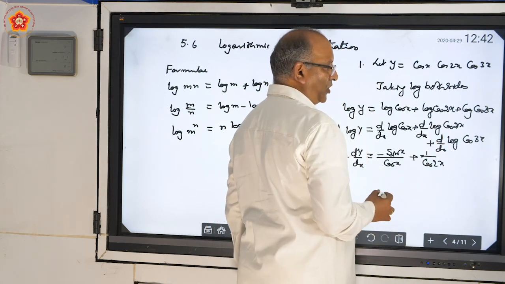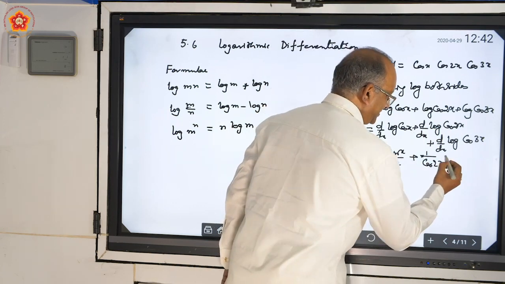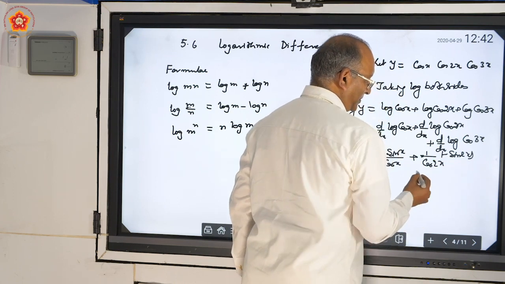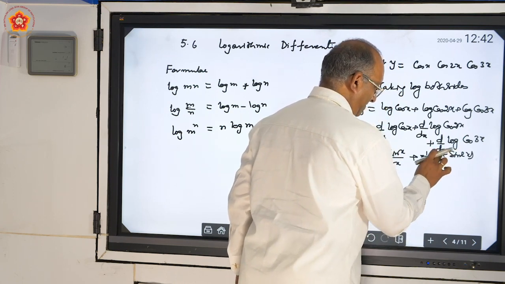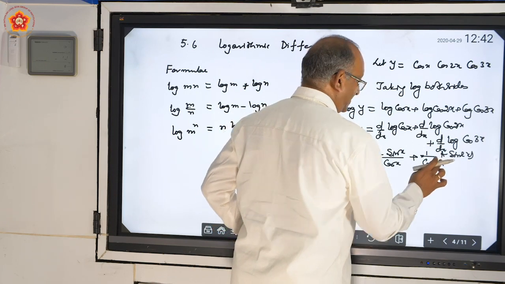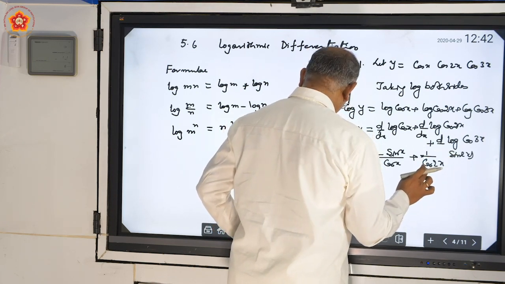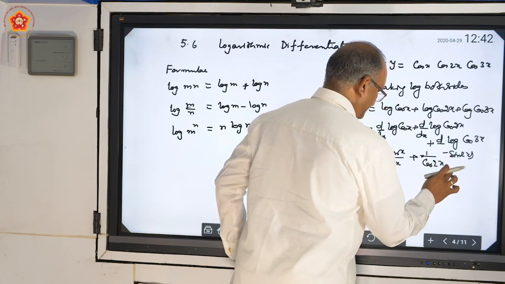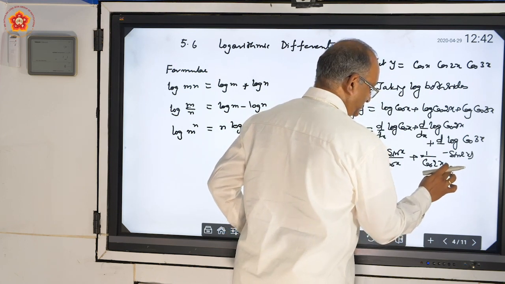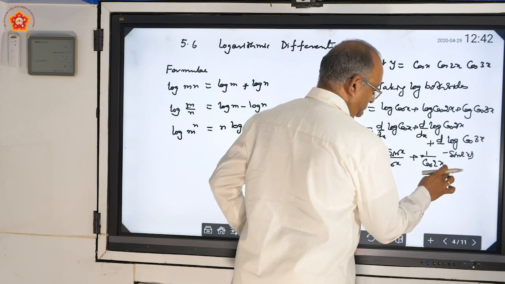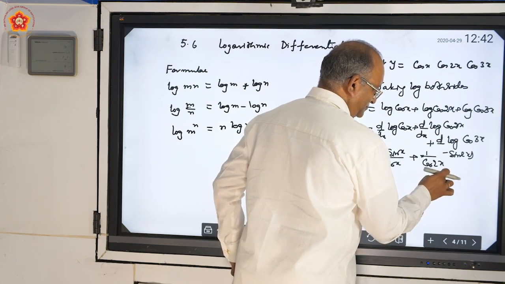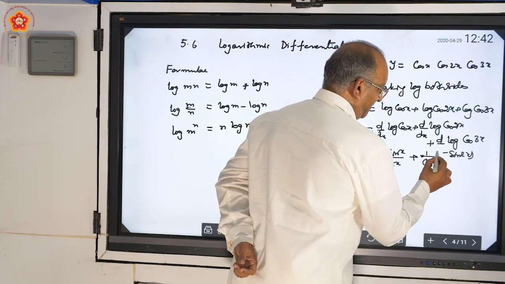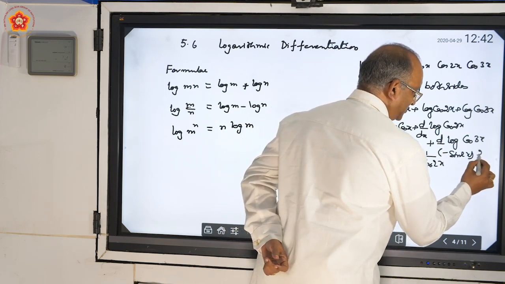Now take the derivative of cos 2x, which is minus sin 2x, and for 2x it is 2.